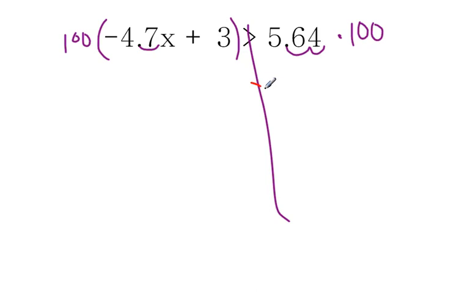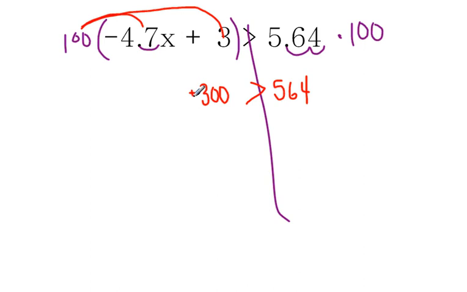This symbol hasn't changed because I multiplied by a positive here. And this 5.64 is now 564. Great, it's not a decimal anymore. And I need to distribute this 100 to both pieces on this side. Well, 100 times 3, that's 300. I'll go ahead and do that one right away. Pretty easy.